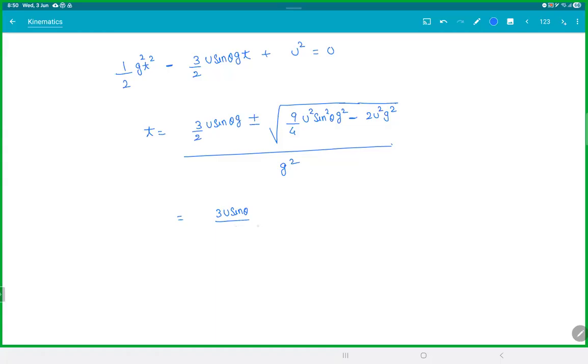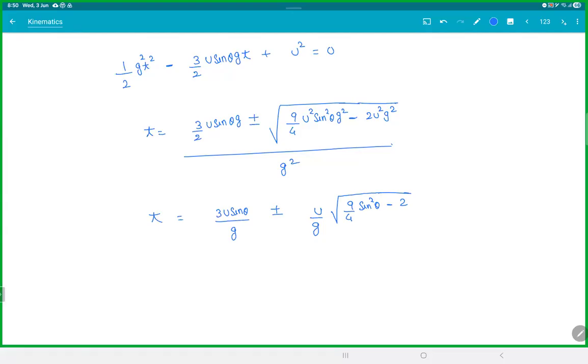There's a g here, so one g will go up everywhere. Plus or minus that, u by g root over 9 by 4 sine square theta minus 2. There, this is the time we get.